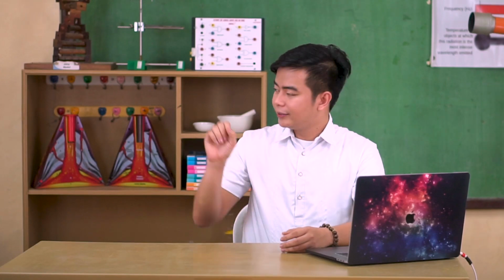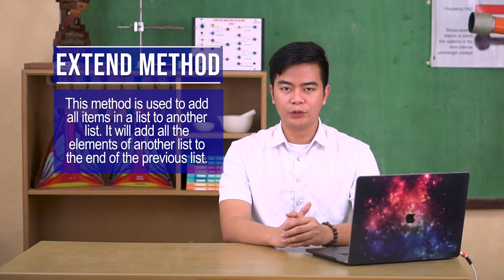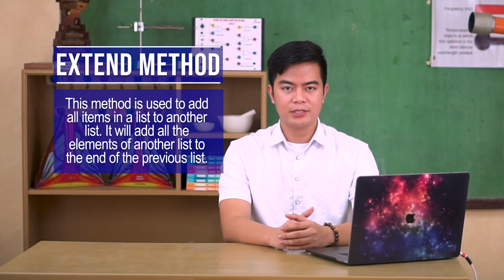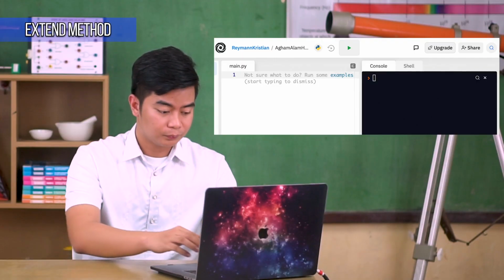We can also add all items in a list to another list. We will use the extend method, which will add all the elements of another list to the end of the previous list. For example, we created a variable secondary schools with elements LPIHS, WPNHS, and RQMNHS.